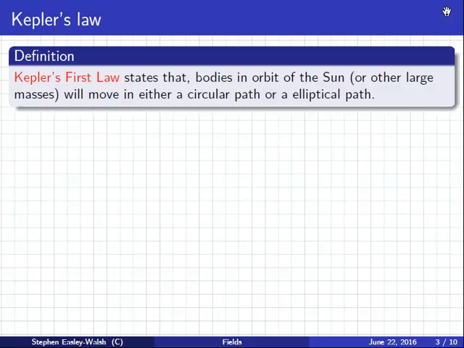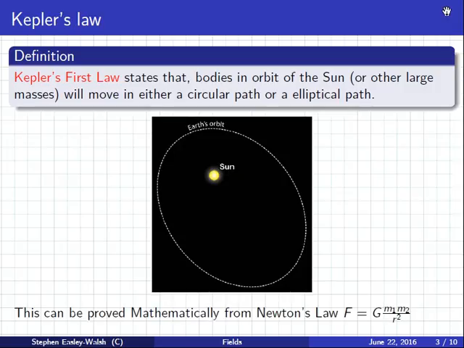So far we've said that motion around a star or a planet is in a circle, and that's true, but a second possibility is an elliptical path, which is an orbit that looks like this. And you can actually prove this using Newton's law that we did yesterday.